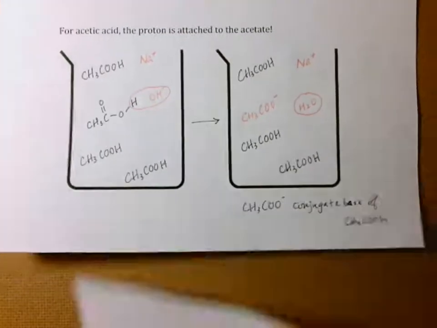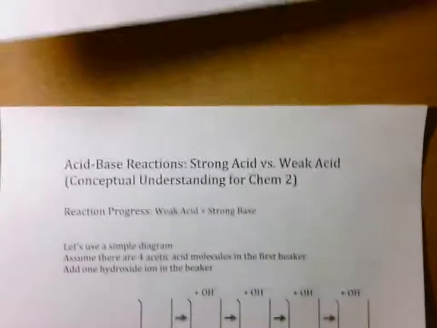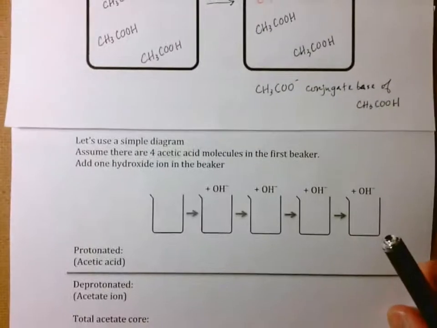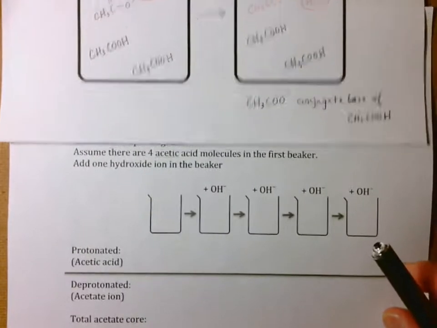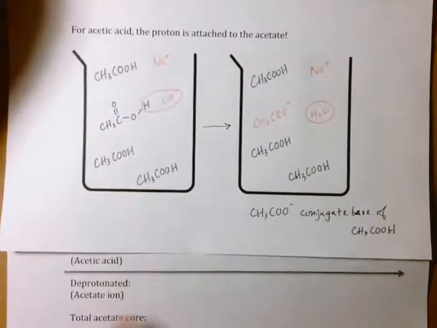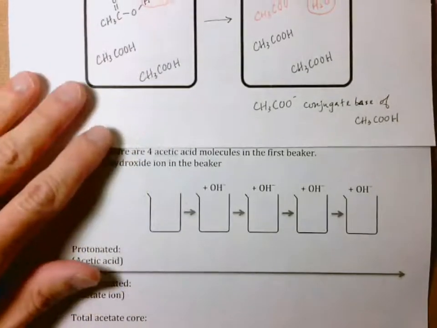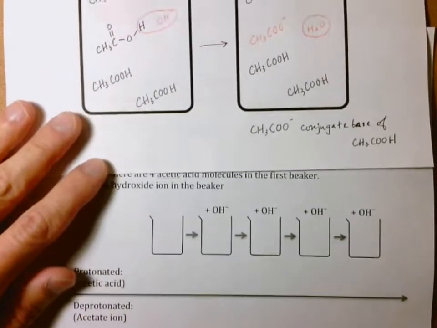All right. So I'm going to do the exact same thing as with H plus. Excuse me, HCl, the strong acid. If I have a simple diagram for acetic acid and add hydroxide ion one at a time, how does that work?